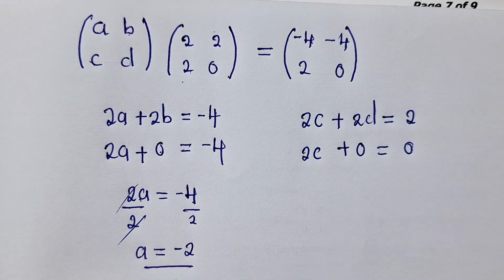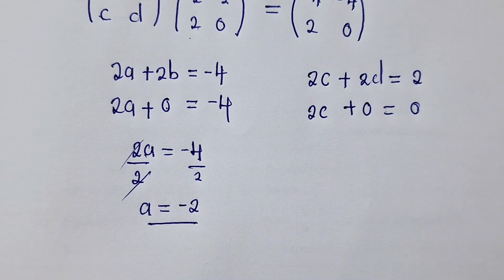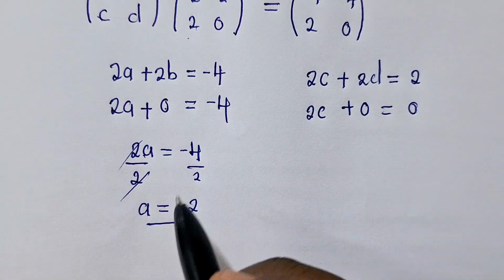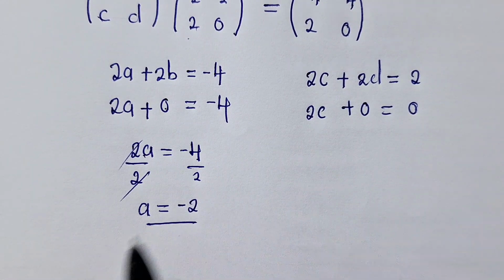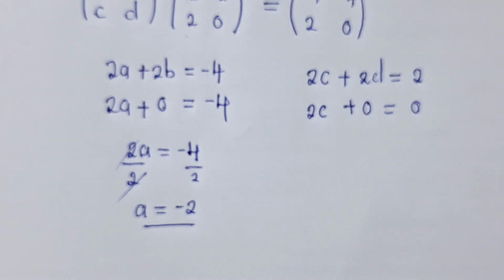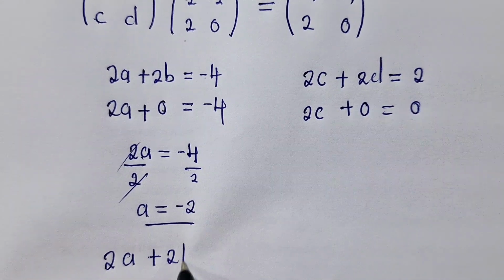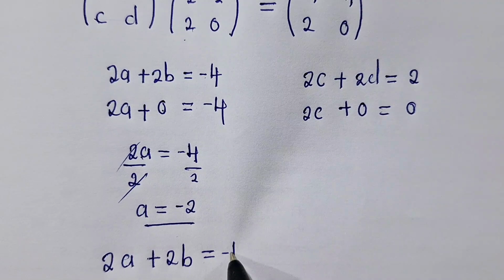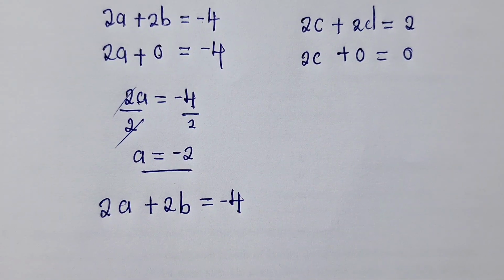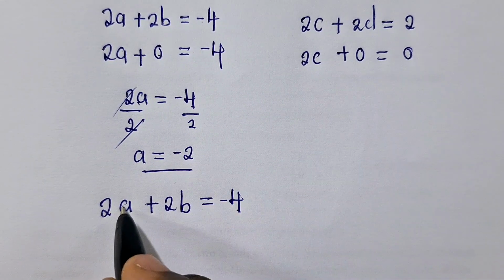Divide by 2, I'll remain with -2. We come to the value of B. So for the value of B, I'll get this other equation. So here I'm going to say 2A plus 2B is equal to -4. Now I'm solving for B. I'll get this, put it where A is.